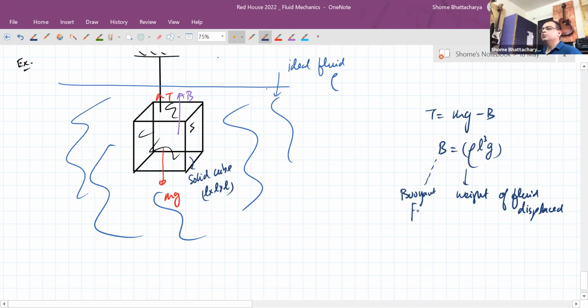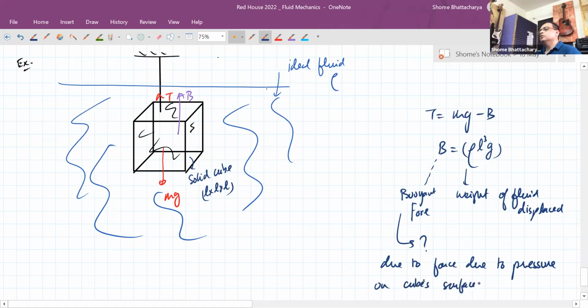Now let's understand the proof of this. So where does the buoyant force actually come from? It comes as a result of force due to pressure on each of the surfaces, on the cube's surfaces, applied by the water or by whatever fluid we have over there.